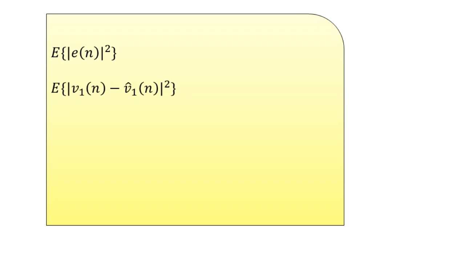In other words, the output of the adaptive filter is the minimum mean square estimate of v1 of n.